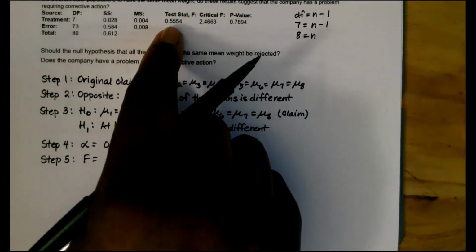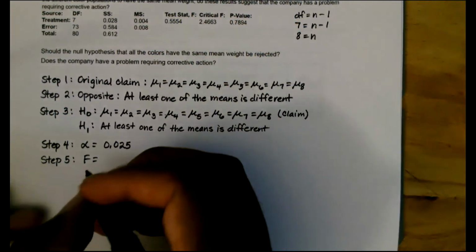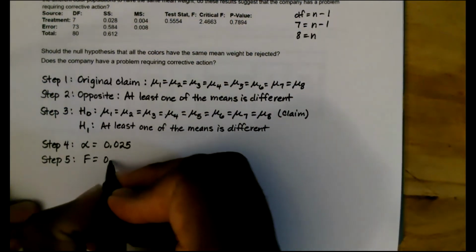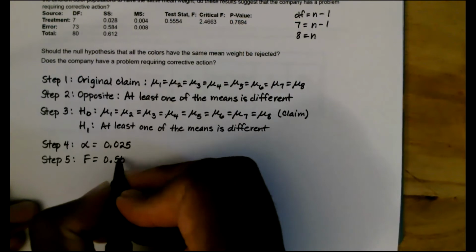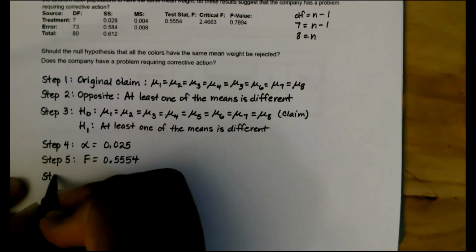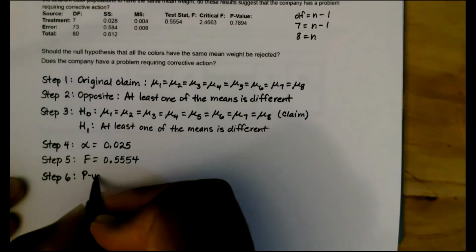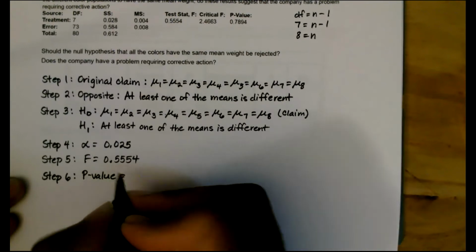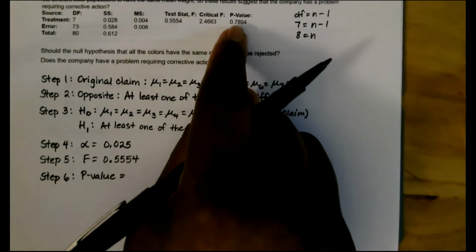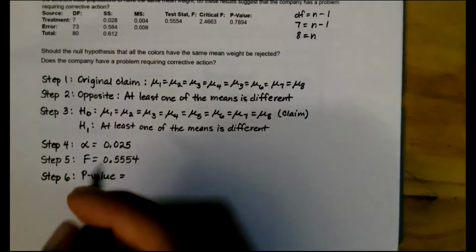Your F test statistic is 0.5554. So that's step 5. And then step number 6 is your p-value. Here it is right here. Your p-value is given there directly, 0.7894.